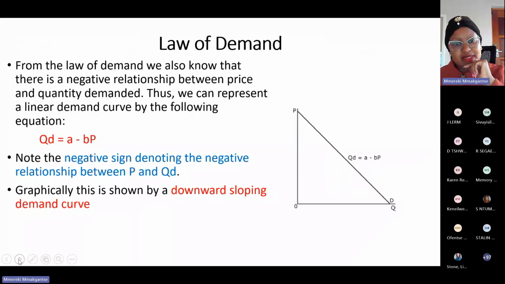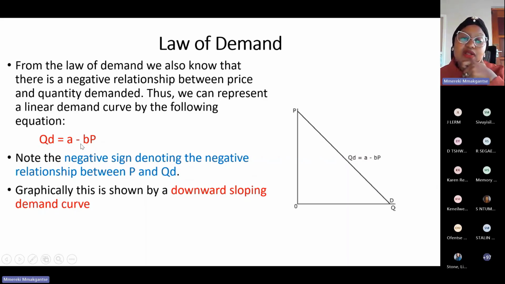Now let's look at it. In mathematical form, this is our quantity demanded. Remember, there's a negative relationship between price and quantity. This is a linear curve. QD equals A minus BP.